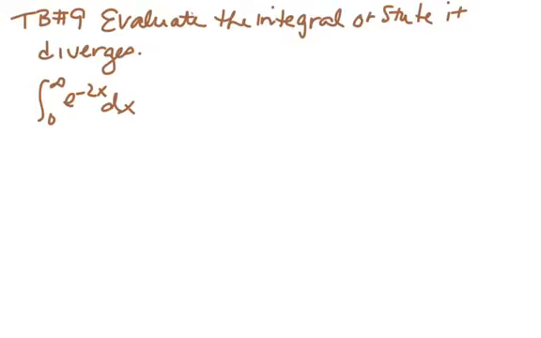And we see that it's improper because the upper limit of integration is infinity. So I'm going to rewrite this in terms of limits. I'm going to look at the limit as b approaches infinity of the integral from 0 to b of e to the negative 2x dx. And that's an easy integral to solve.